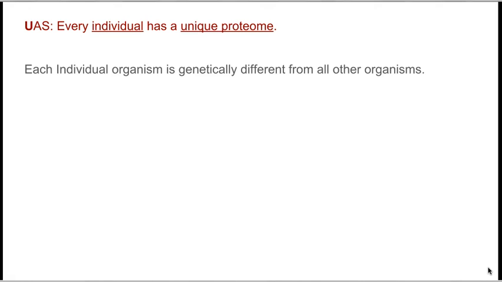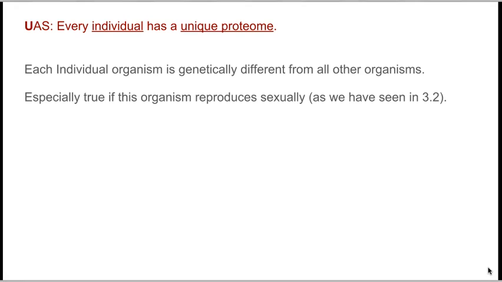Okay, this understanding, every individual has a unique proteome. There's a new word for us. Each individual organism is genetically different from all other organisms. This is especially true if this organism reproduces sexually.